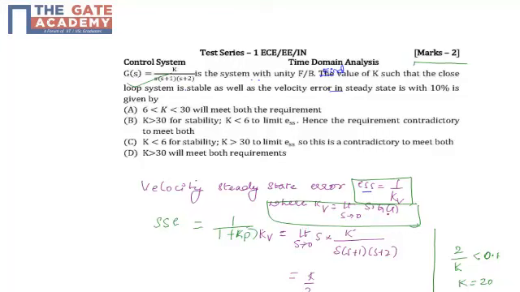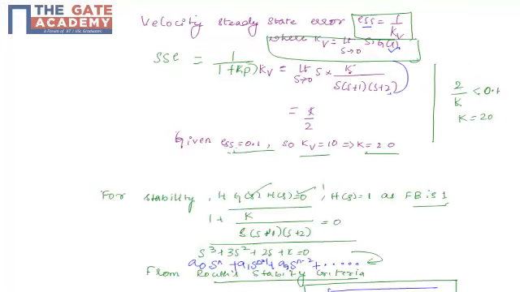We know what G(s) is. Substituting that directly, the limit as s tends to 0 of s into K by s(s+1)(s+2), and simplifying, we obtain K by 2, that is Kv.